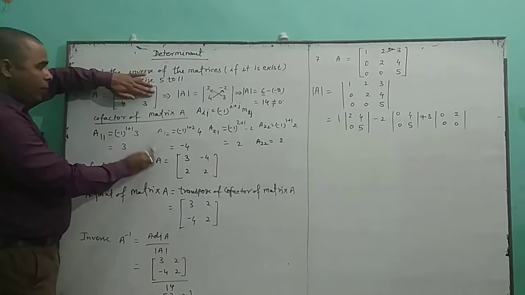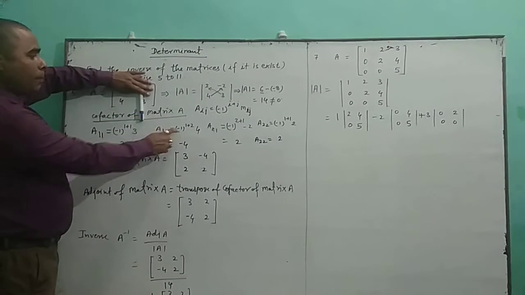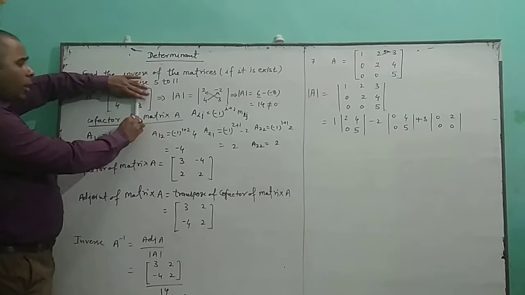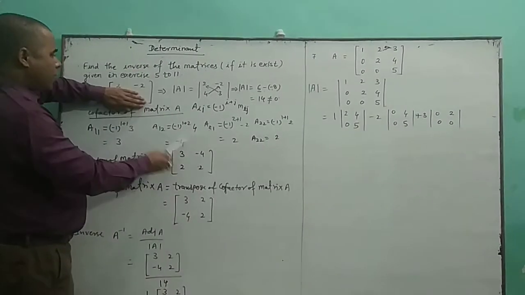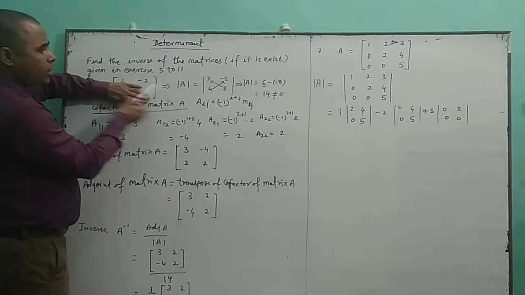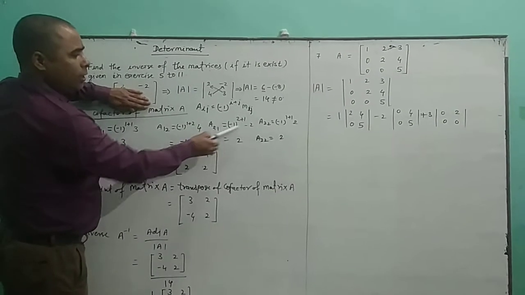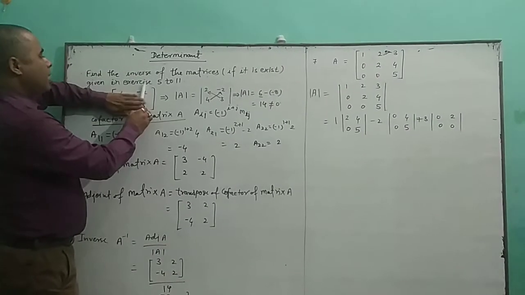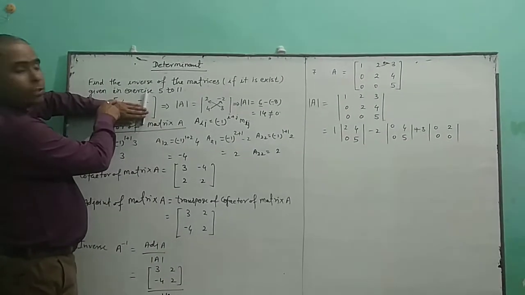Now second one, A12, first row second column: minus 1 to the power 1 plus 2 into 4. Now second row first column: we close the second row and first column, minus 2 is left. Minus 1 to the power 2 plus 1 into minus 2. Now second row and second column: the value is 2.